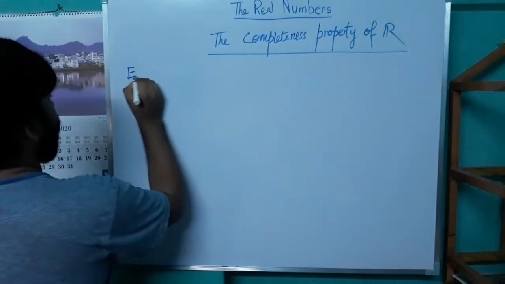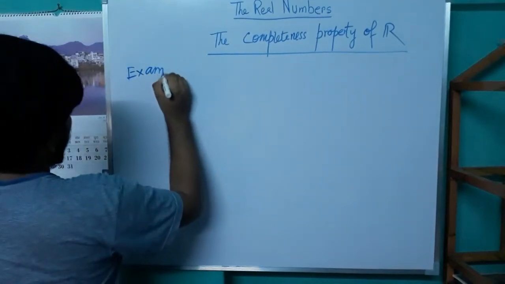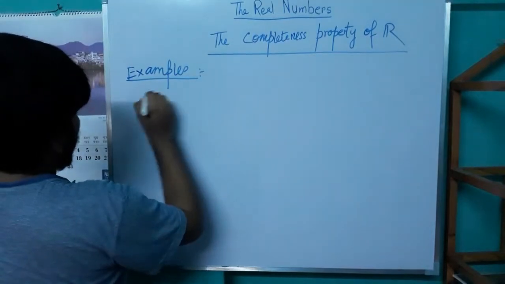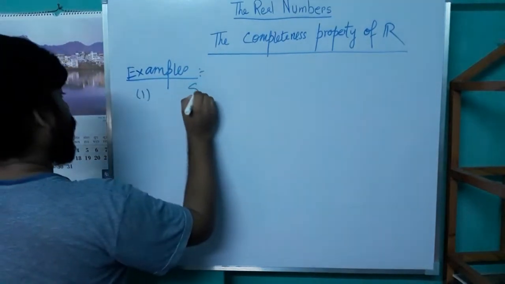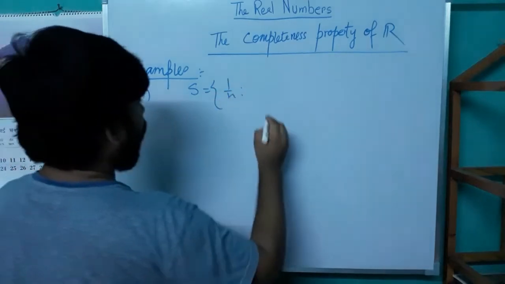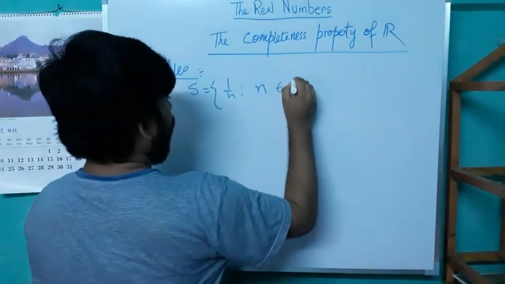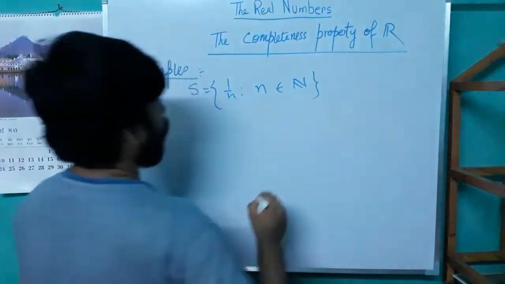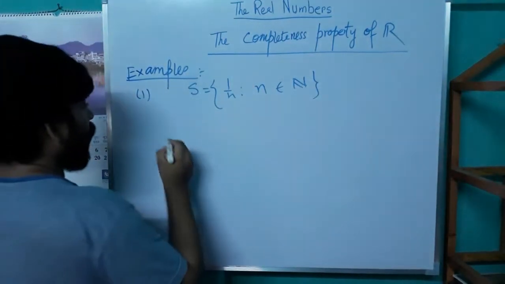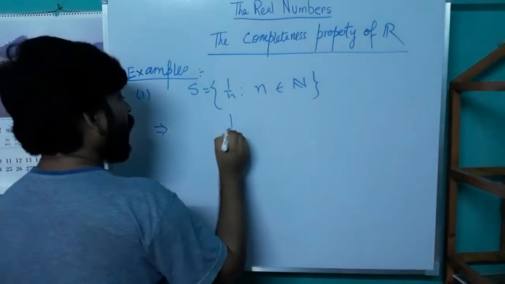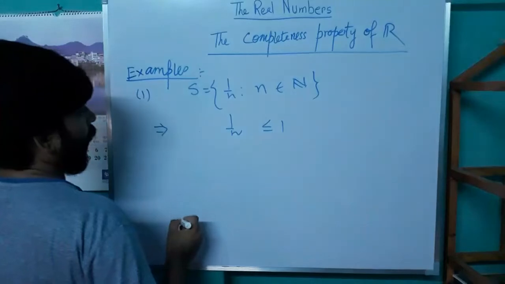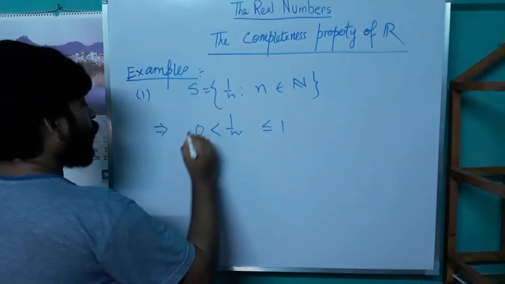Examples. The first example: let us consider the set S of 1 by n where n is a natural number. Since n is a natural number, obviously 1 by n is less than or equal to 1, and this is a positive quantity.